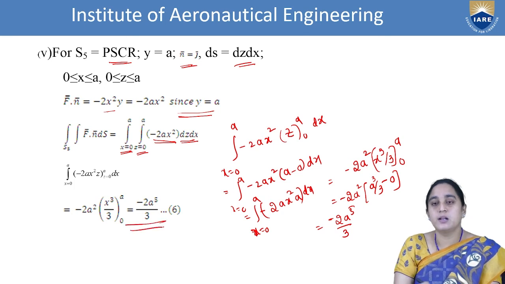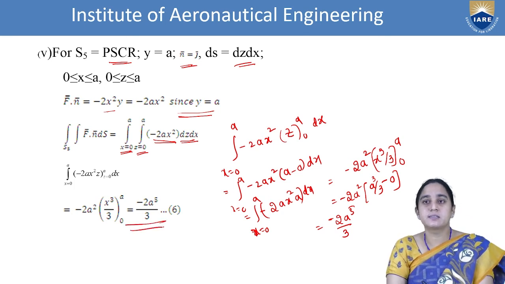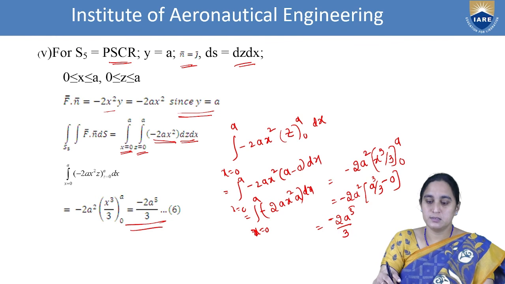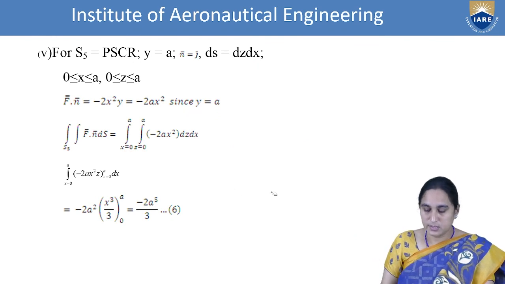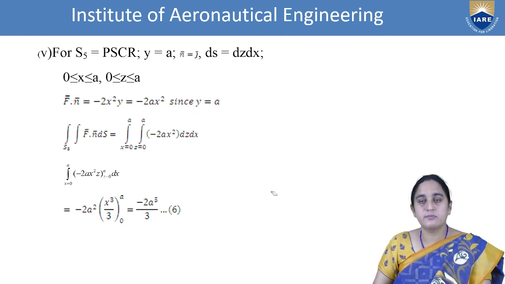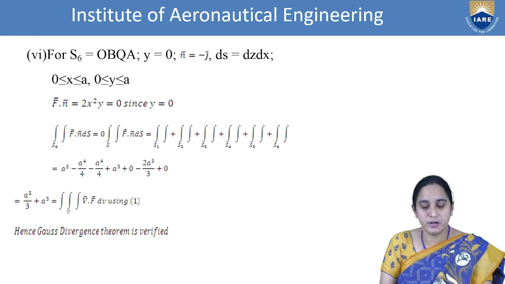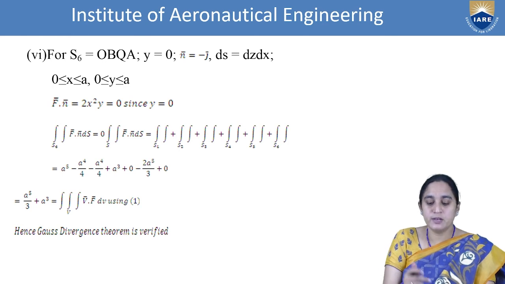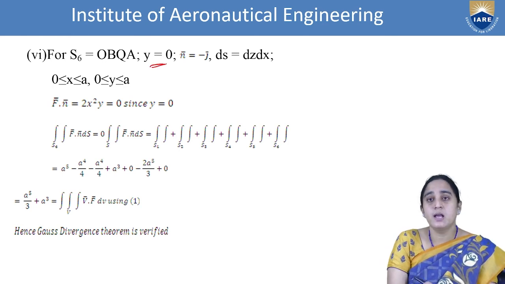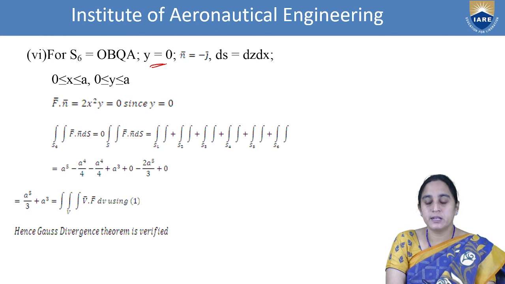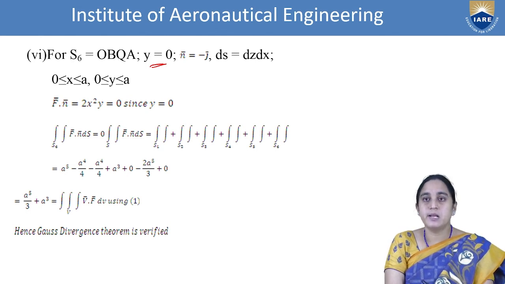Let us take that as the sixth equation. Next, the last face on the negative side of the y-axis, that is S6, equal to OBQA. For that, y is 0 and the unit normal vector is in the negative direction, that is minus j bar, and ds is equal to dz dx.